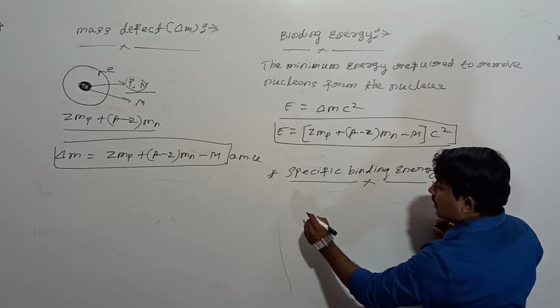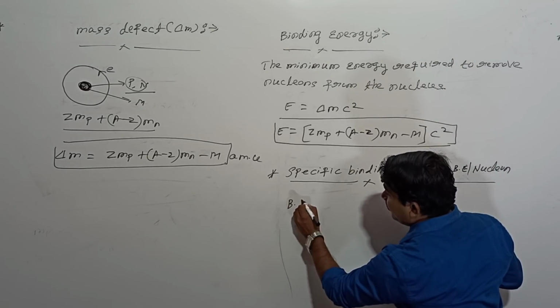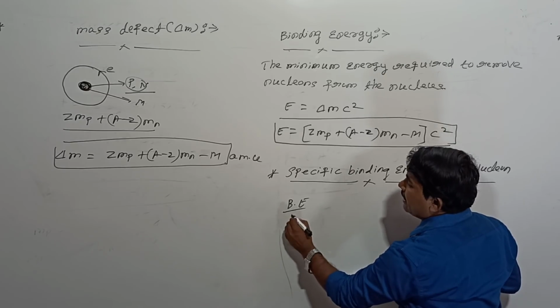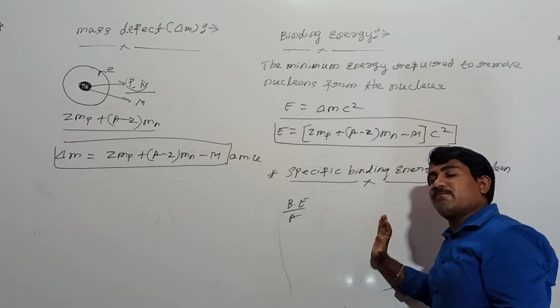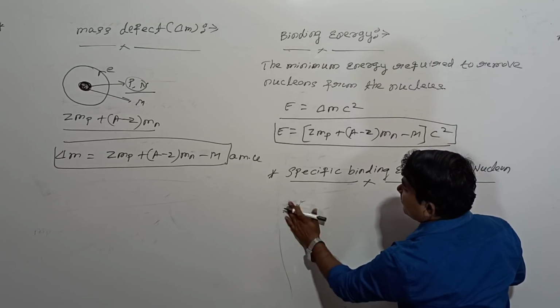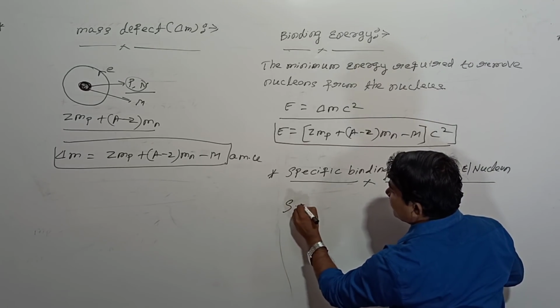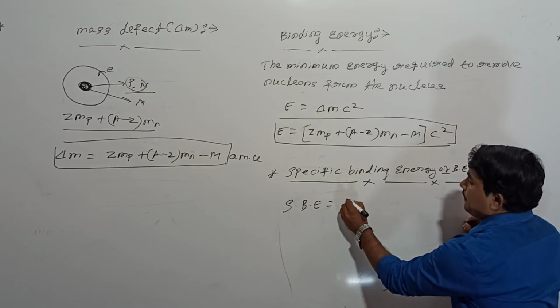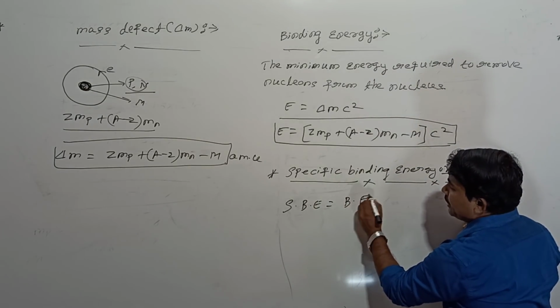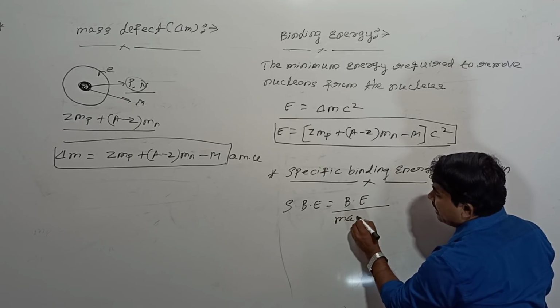Directly, the binding energy per nucleon is the binding energy of the nucleus divided by mass number.